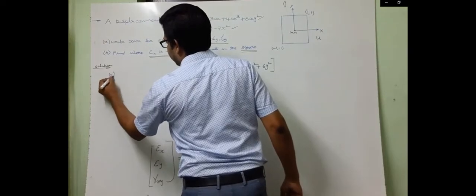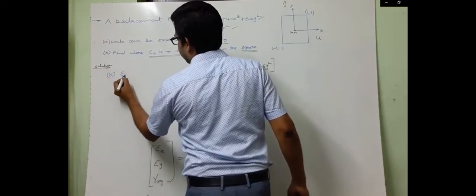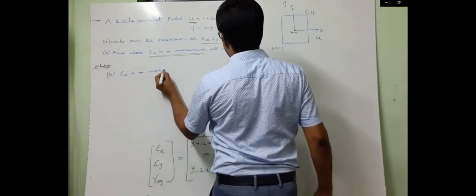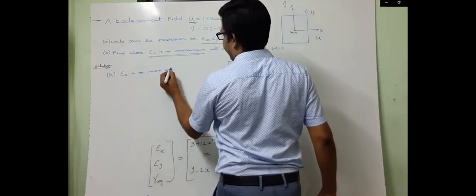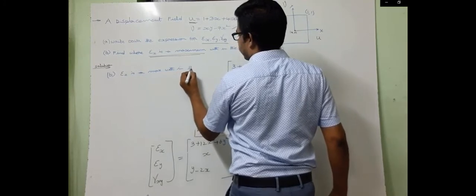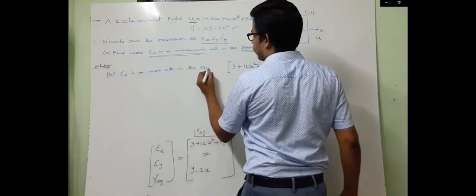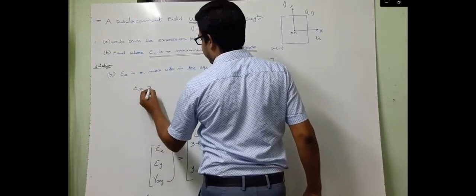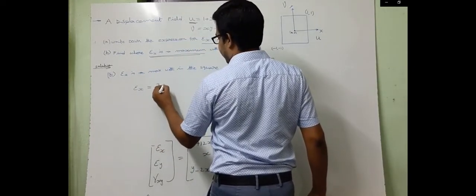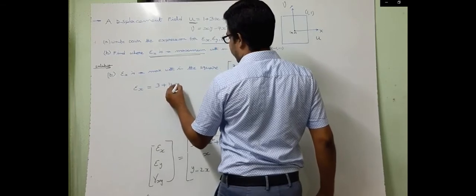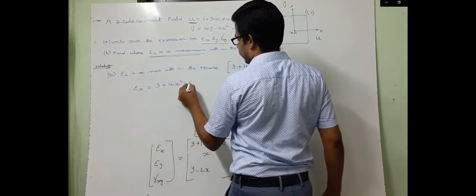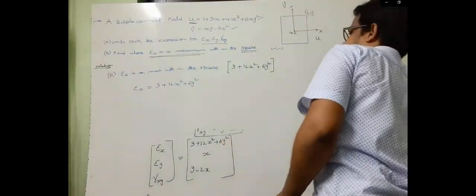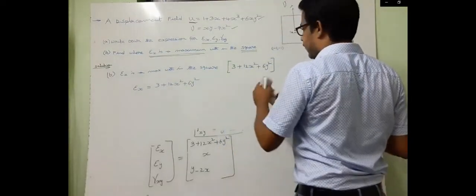Epsilon x is equal to 3 plus 12x square plus 6y square.